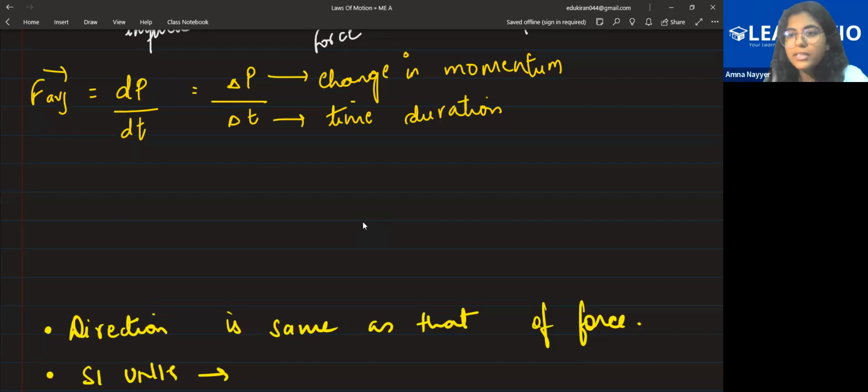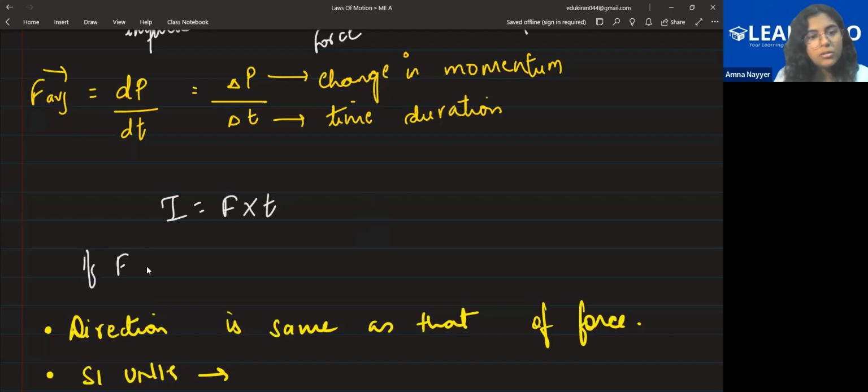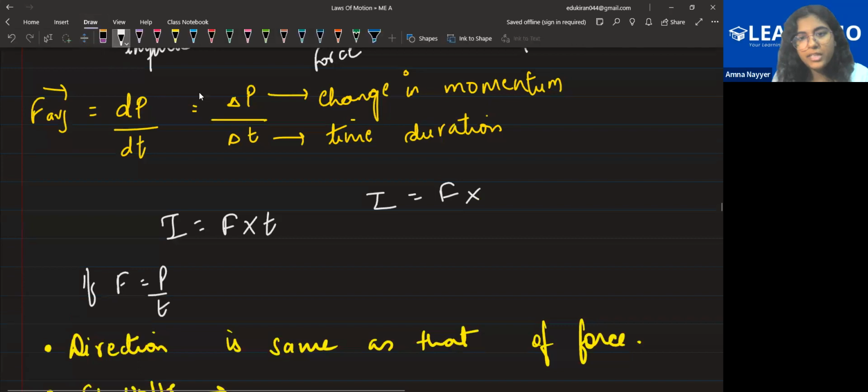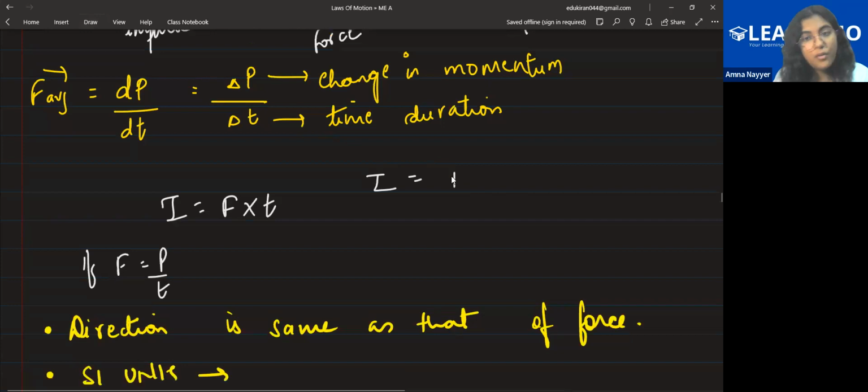Now, when you have this concept of average force, delta P over delta T, or dP over dt, if we substitute the same thing in the impulse formula, I is equal to F into T. If F is equal to P by T, then instead of force we will write P by T, and this is the time.